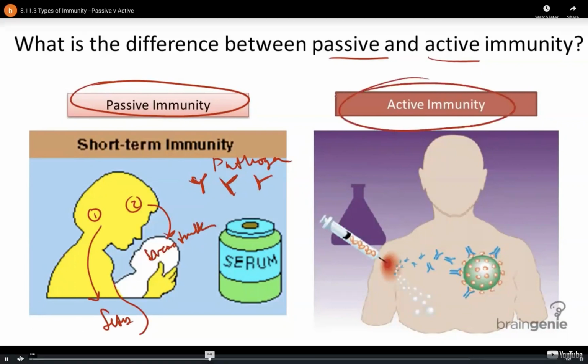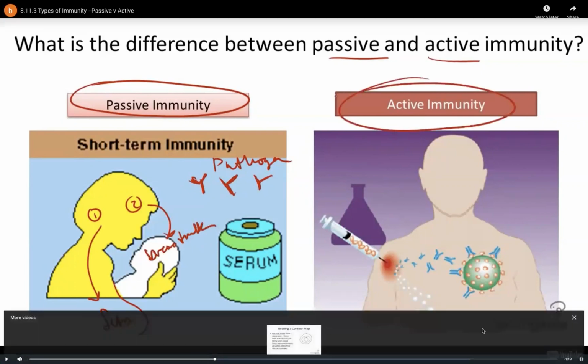Active immunity, on the other hand, all right, let's stop. So try to remember that picture. Think mommy and baby, breast milk or via the placenta. So that's passive immunity. That is short term. It's only enough so that the baby can develop their own immunity. That's why we do not promote mommy taking baby out to the mall to show all her friends in the first couple of months of life, especially for the first 6 months of life, because for all intents and purposes, your baby is immunocompromised.